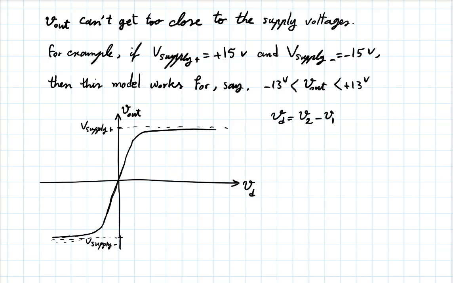Okay? So the transfer characteristics look like this. And this is a pretty high slope. For instance, in the example I just discussed, this slope was 1,000,000. Right? So the axes don't have the same scale here.